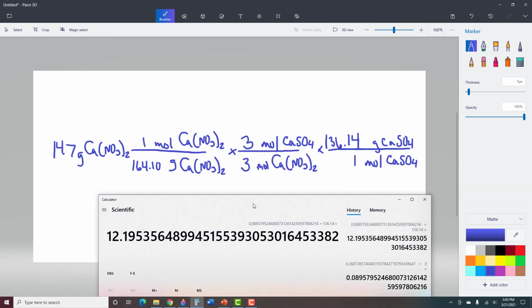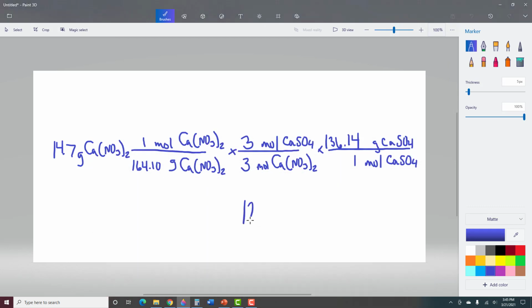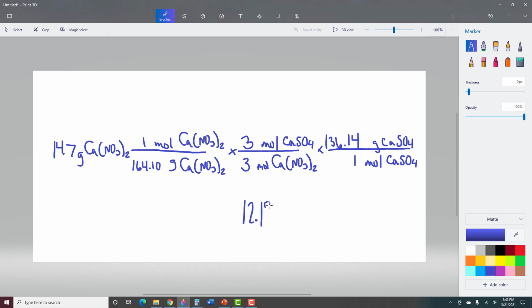So here's a little rounding difficulty. I have 195. Now I need to round to just these two numbers after the decimal, so cut it off here. If the number you're dropping is greater than or equal to 5, that has to round up.